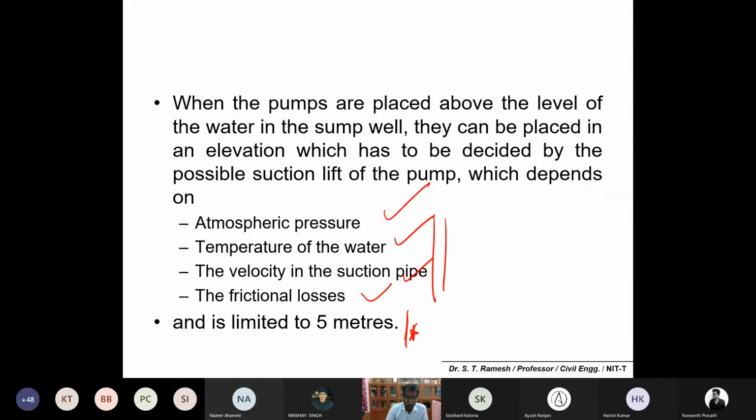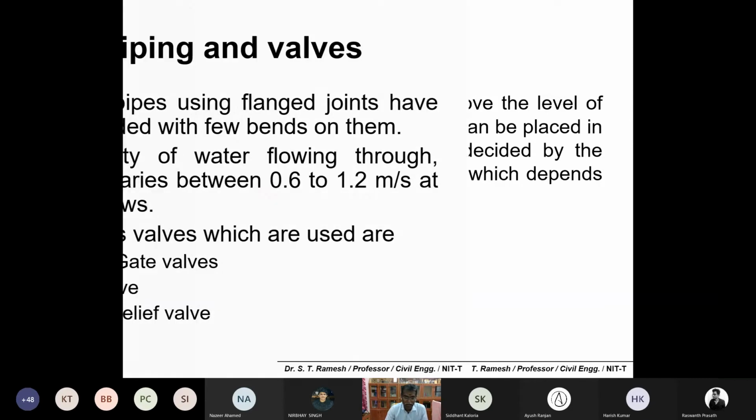Number one, atmospheric pressure, temperature of the water, velocity in the suction pipe, and frictional losses, and this is also limited to 5 meters. That means the level difference from the intake structures to your pumping station may be a maximum of 5 meters. Okay, limited to 5 meters.